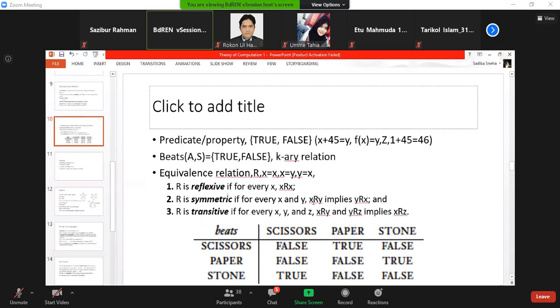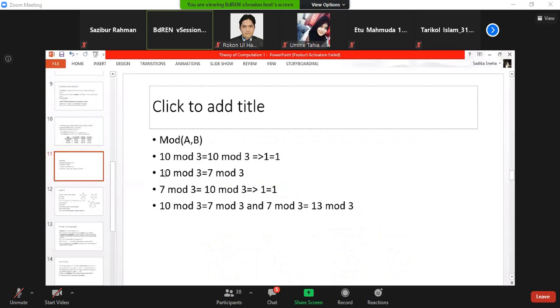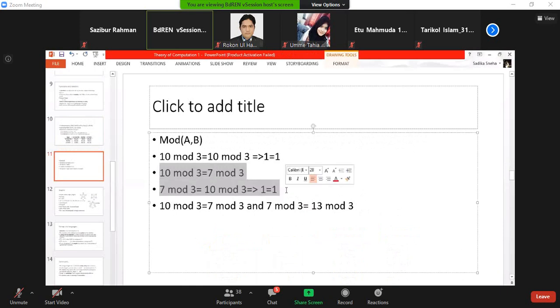In the next one, we have x in relation with y and y with x. This is the second part we have to prove, isn't it? On one side of the relationship there will be x, which is 10 mod 3, and y is 7 mod 3. We are proving the symmetricness of this relationship, and 7 mod 3 is equal to 10 mod 3.